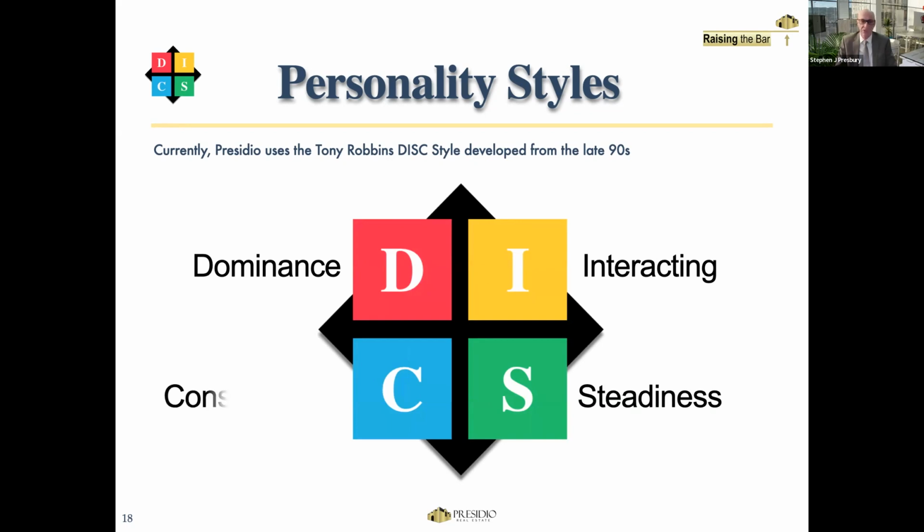There are some free options online. But the Tony Robbins style is clearly dominance, interacting, steadiness, and conscientious. You will find there are some programs out there that just talk about the colors. They'll say this is the red group, the yellow group, the green group, or the blue group. But they are basically still focusing on the same elements of personality styles.